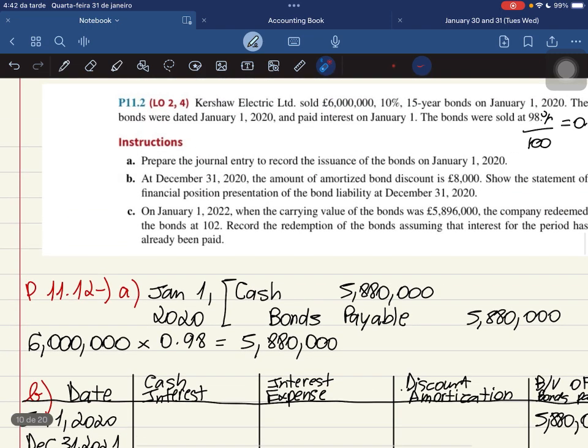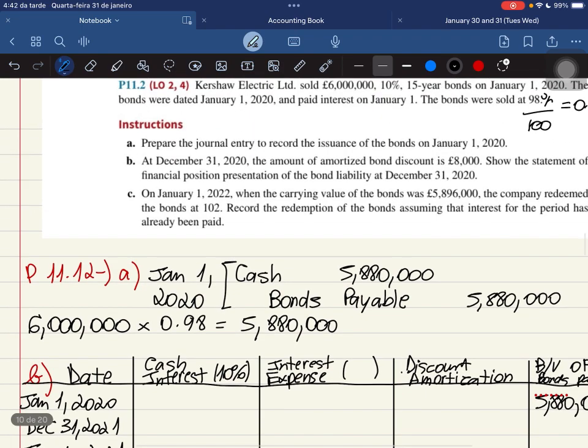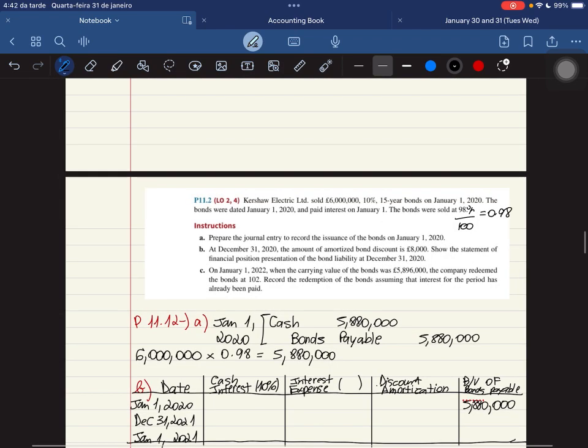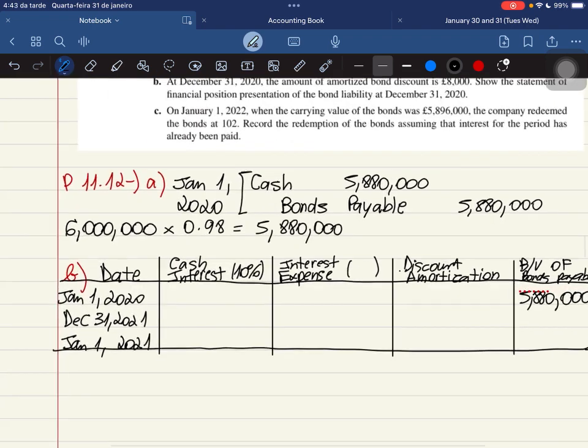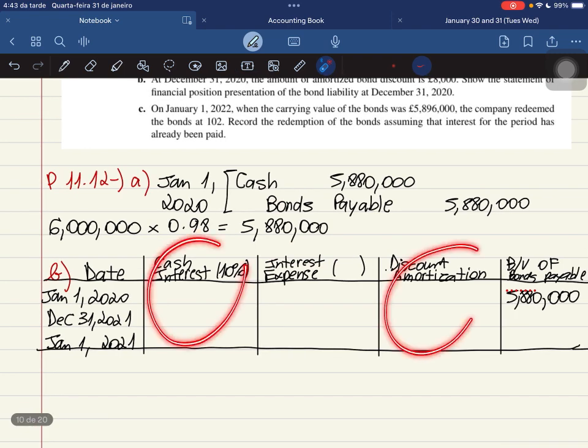Over here, that is 10%. Our interest expense normally comes from the market percent, but if you take a look over here, we just have the 10%. For this exercise, we don't actually need to know this. What we do need to know is this and this.